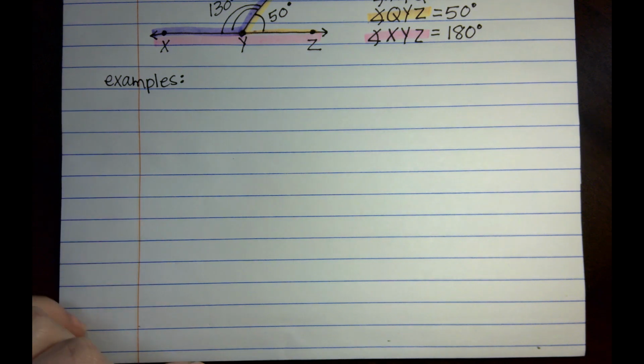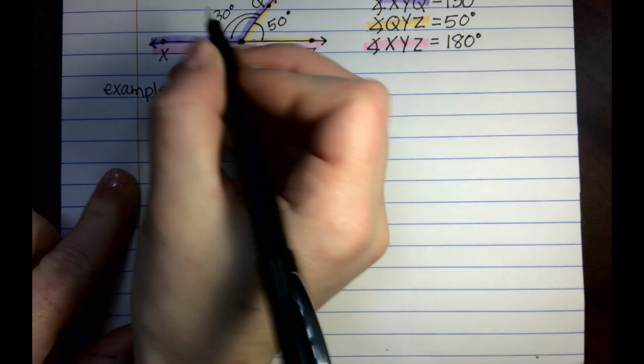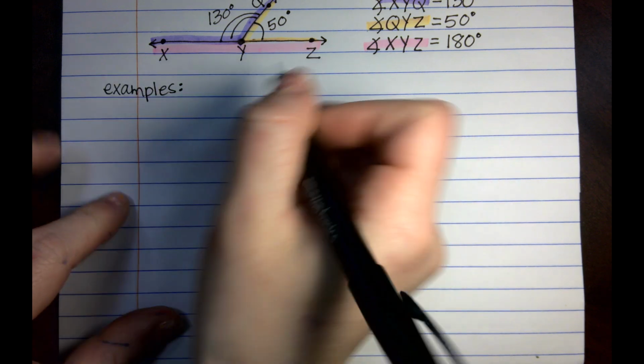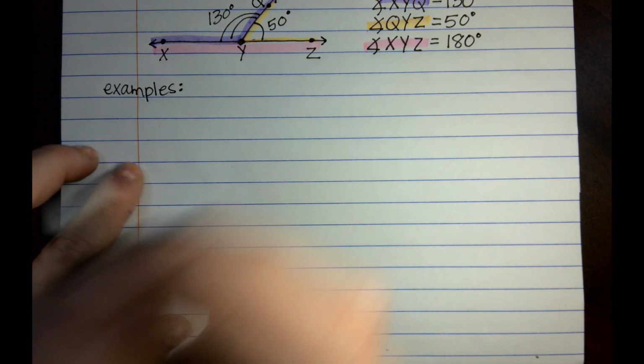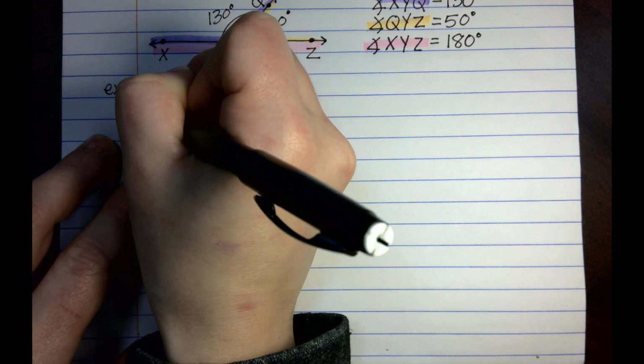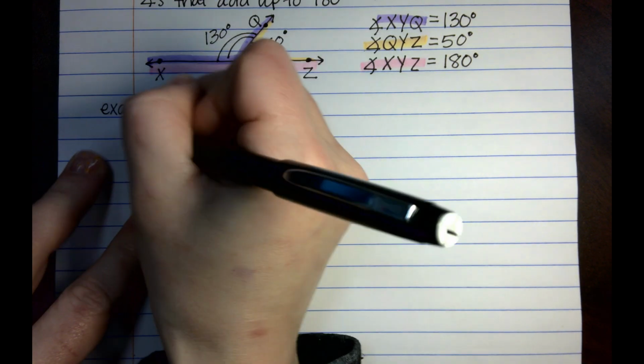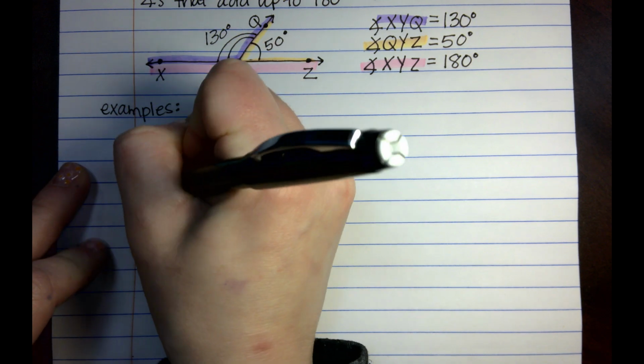So let's say I have two angles that are complementary, okay? And I'll draw it.